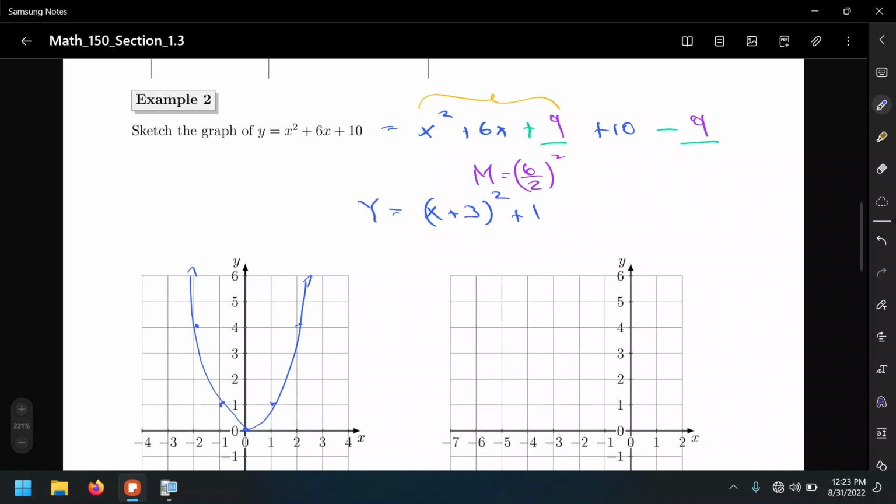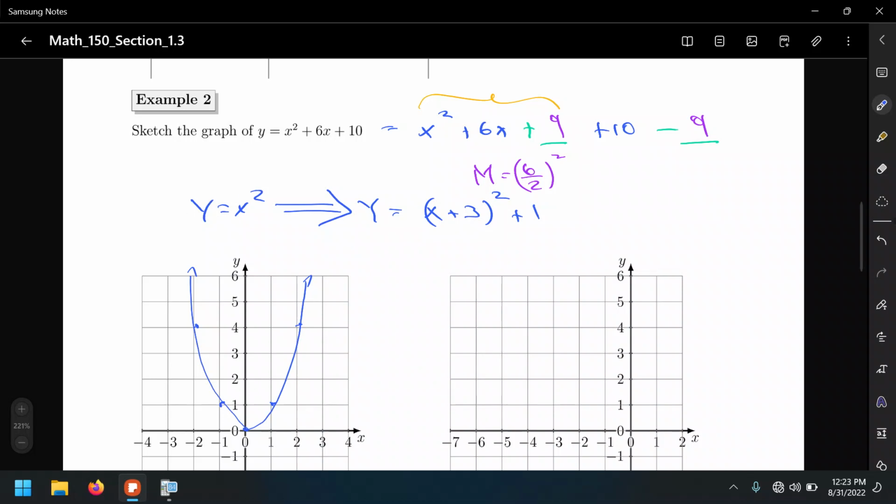Alright, and what did we just do? We just wrote the trinomial function in terms of vertex form notation. And from here we can easily see that the parent function is y equals x squared.